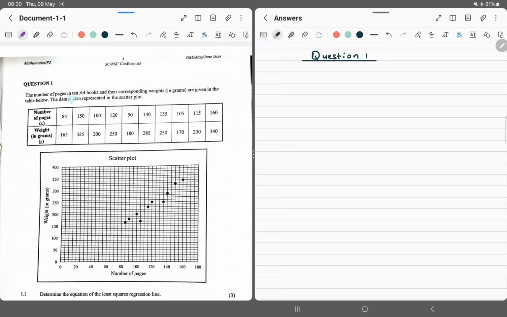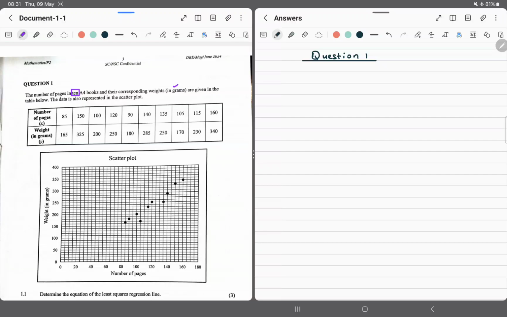The number of pages in 10 A4 books and their corresponding weights in grams are given in the table below. The data is also represented in the scatter plot. We can see that the number of pages translates to some weight in the book.